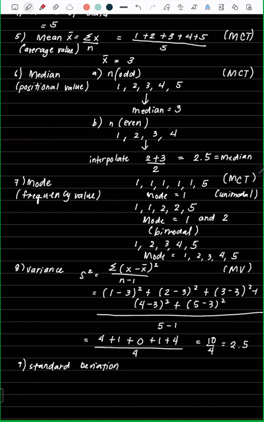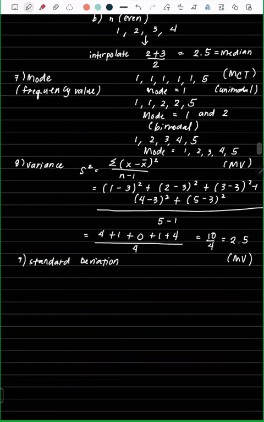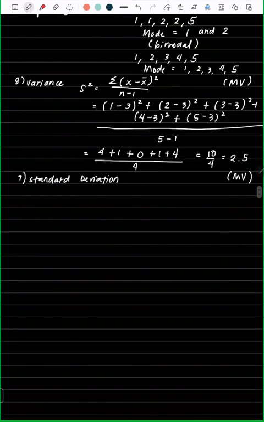But in the measures of variation, the most important is our standard deviation. The standard deviation is the best measure of variation to use for us to know how dispersed our data are. In the formula, it would just be the square root of our variance.